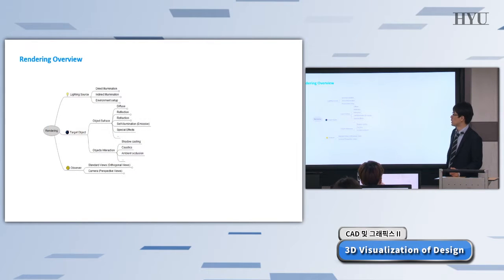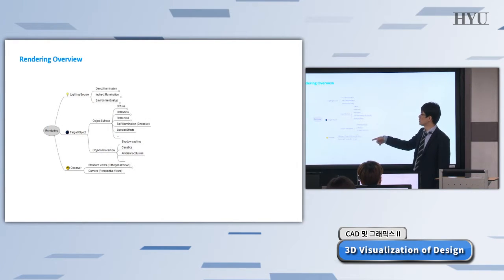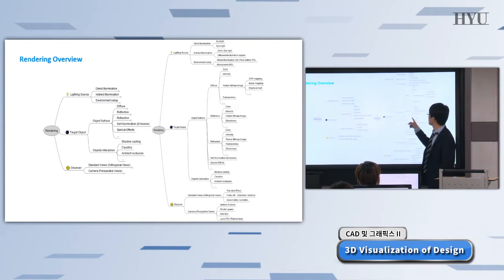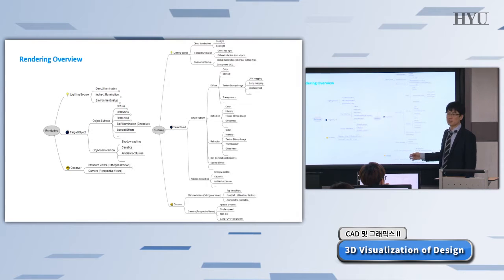That's my point. And here I list the rendering overview, 3 major points: lighting, object, view, camera, okay? In subcomponents, they all have color, intensity, texture map, transparency, glossiness, and so on for the object. For the lighting, we have some keywords, and for camera, views, and so on.